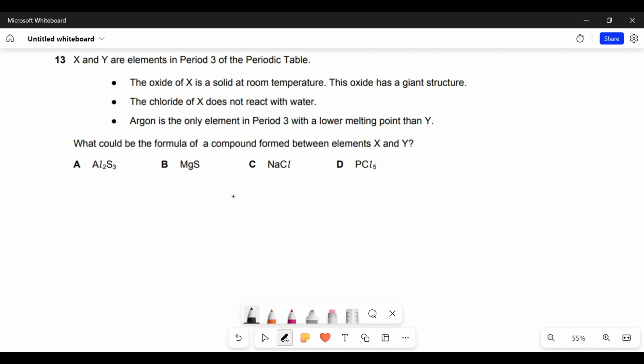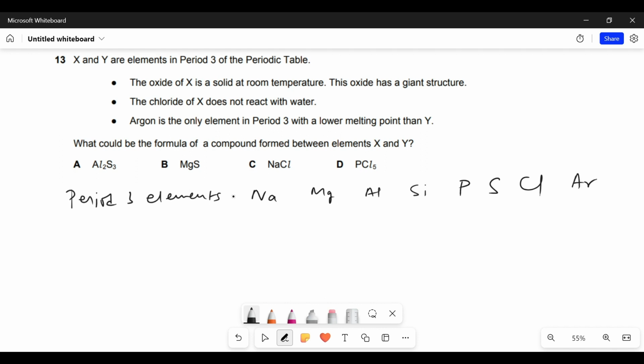X and Y are elements in period 3 of the periodic table. Let's look at the elements in period 3. Period 3 elements are sodium, magnesium, aluminium, silicon, phosphorus, sulfur, chlorine, and argon.